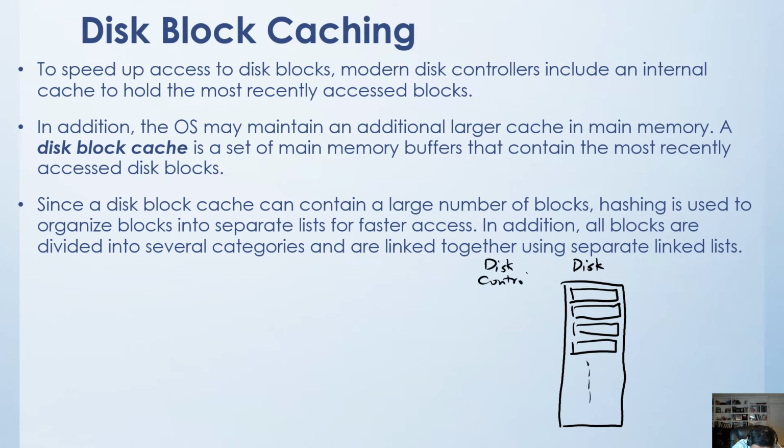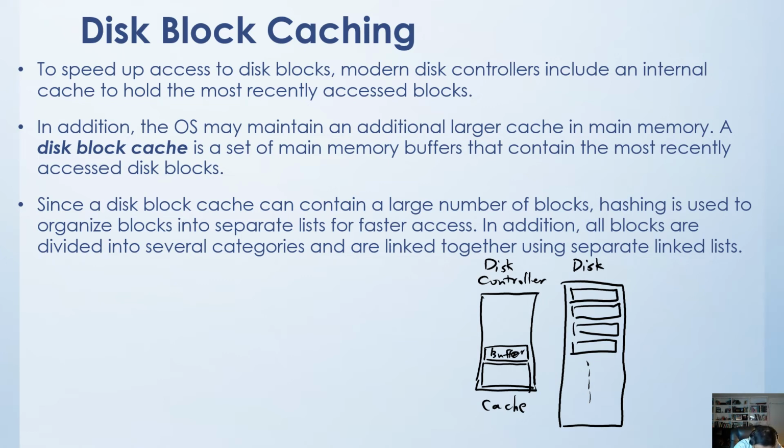The disk controller may have various different registers, operands, opcode, or whatever, and there's also a buffer, right? And also there's a dedicated buffer space called cache. The cache is used to hold the most recently accessed blocks. That's an internal cache in the disk controller.